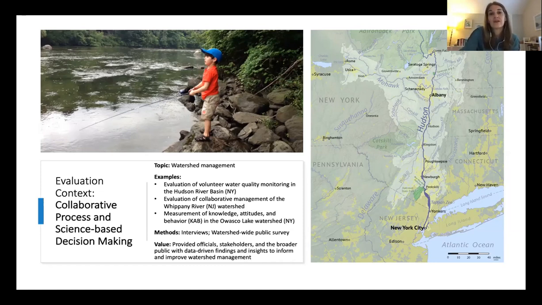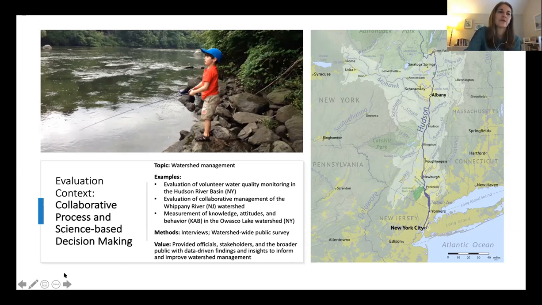And then in the Owasco Lake watershed, the management questions were about gaining a greater understanding, through data collection from people on the landscape, about their behaviors, but underlying those behaviors, their understanding of watershed issues, their concerns, their perceptions, and how that relates to those behaviors.